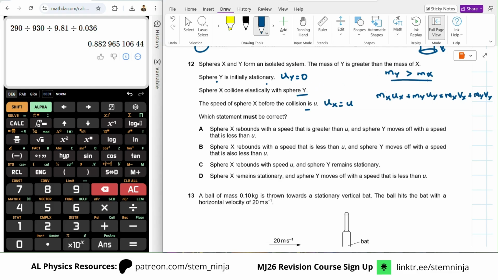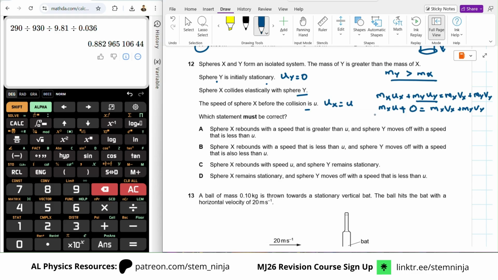We do know that mx u, and sphere Y is initially stationary, so the entire momentum is coming from the momentum before of sphere X, equal to mx vx plus my vy.